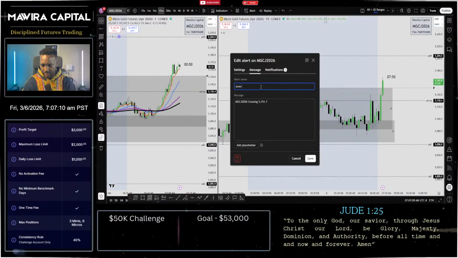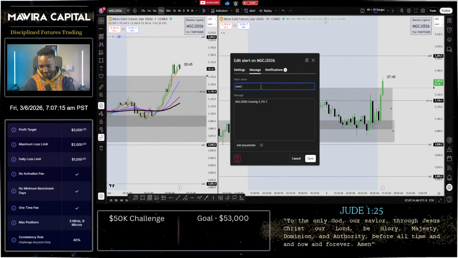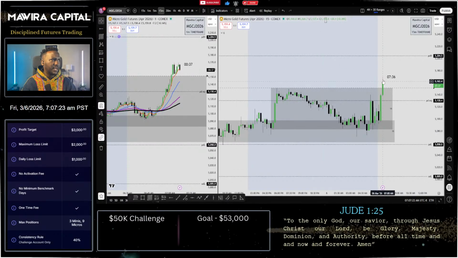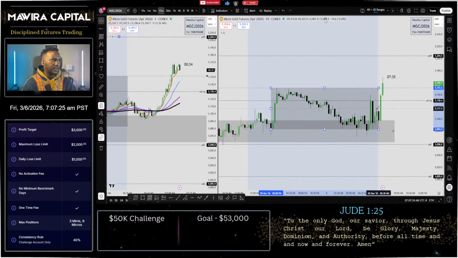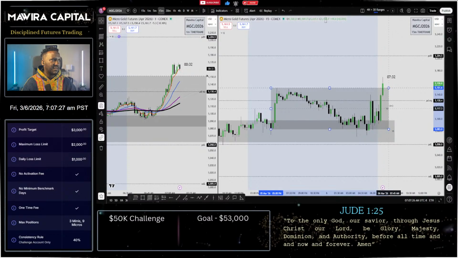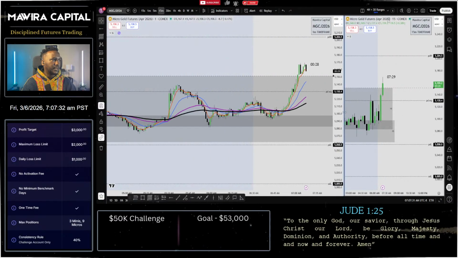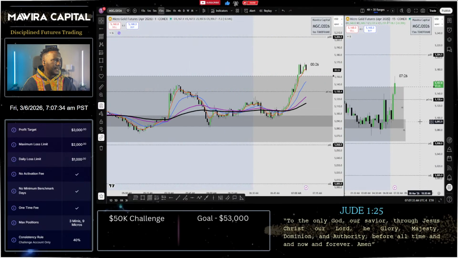Zone touch. Actually, the zone is not yet confirmed. We'd have to wait for the 15-minute candle to close above. Then, you know, that business is handled. Until then, we stay put.